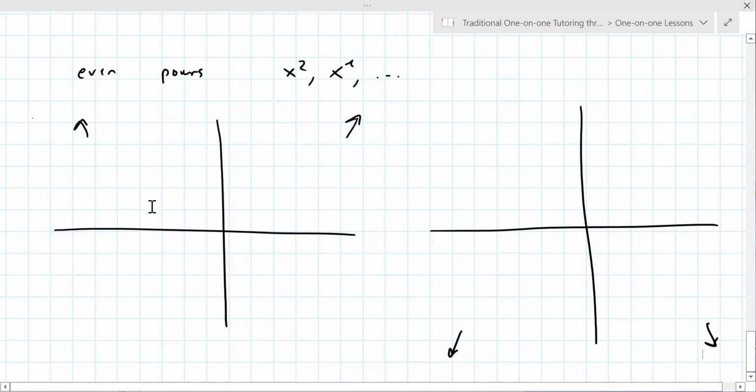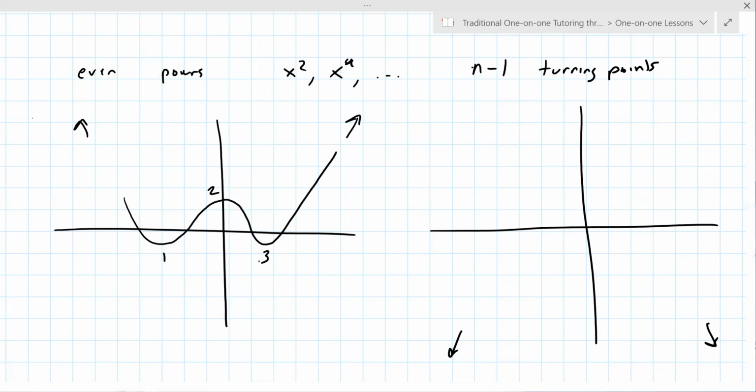Like x squared, it's a nice U shape like that. Negative x squared is going down. But the question is, what happens in between? These have what are called n-1 turning points. So if it's x to the fourth, for example, it might have 3 turning points. A turning point is when it switches direction. See how this switches direction 1, 2, or 3 times? Yeah. So if it were x to the sixth, it would switch direction 5 times.